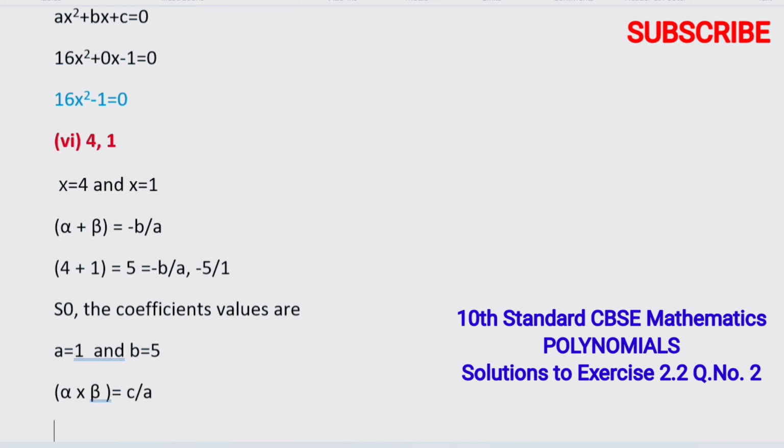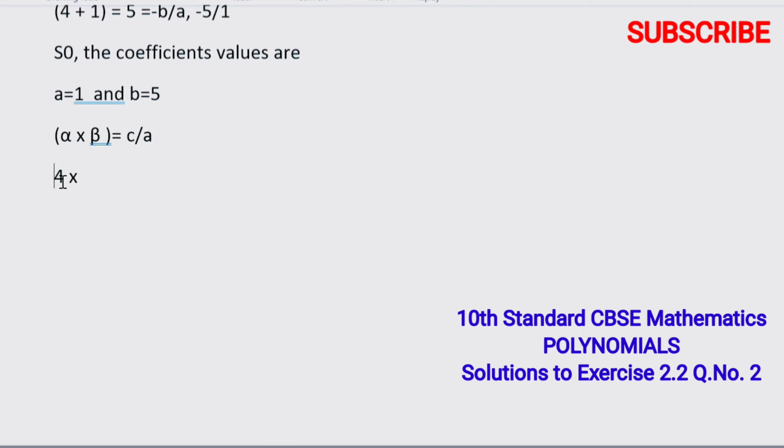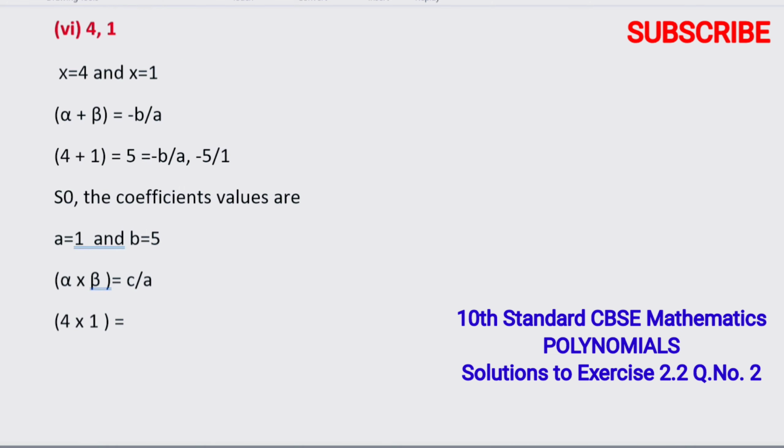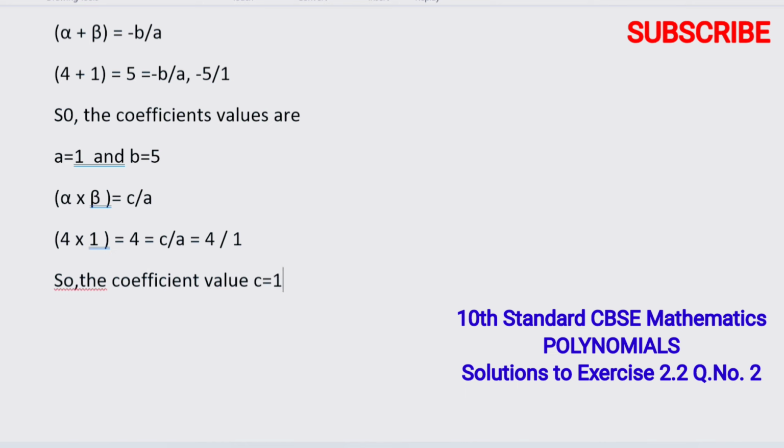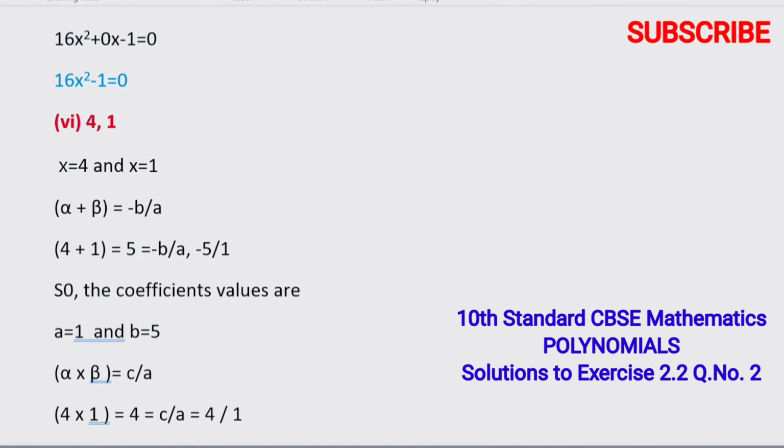Alpha is 4 and beta is 1, right? So 4 into 1 equals 4. We write that in the form of c by a, which equals 4 divided by 1. So the coefficient value c equals 4.